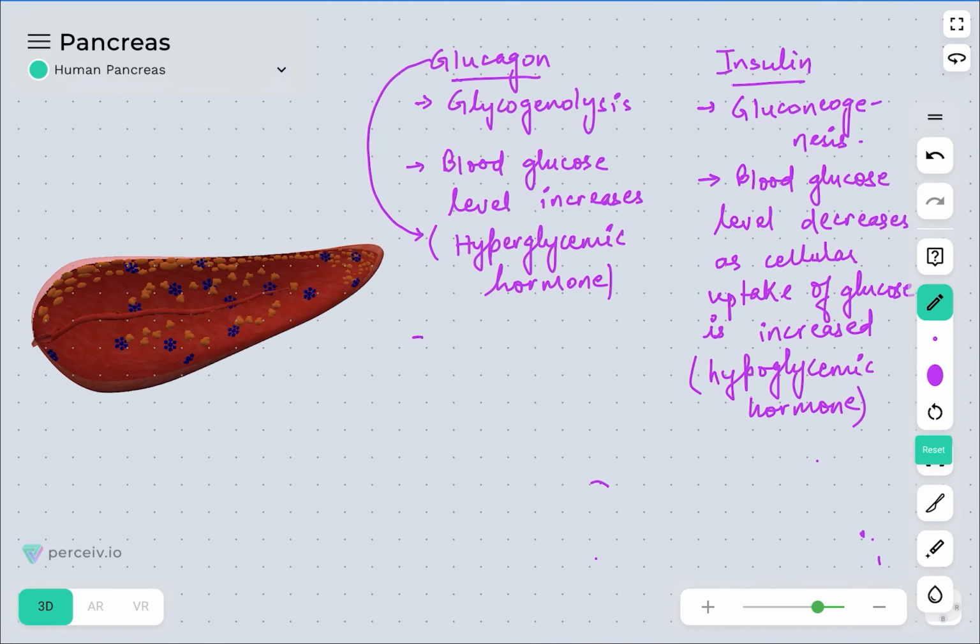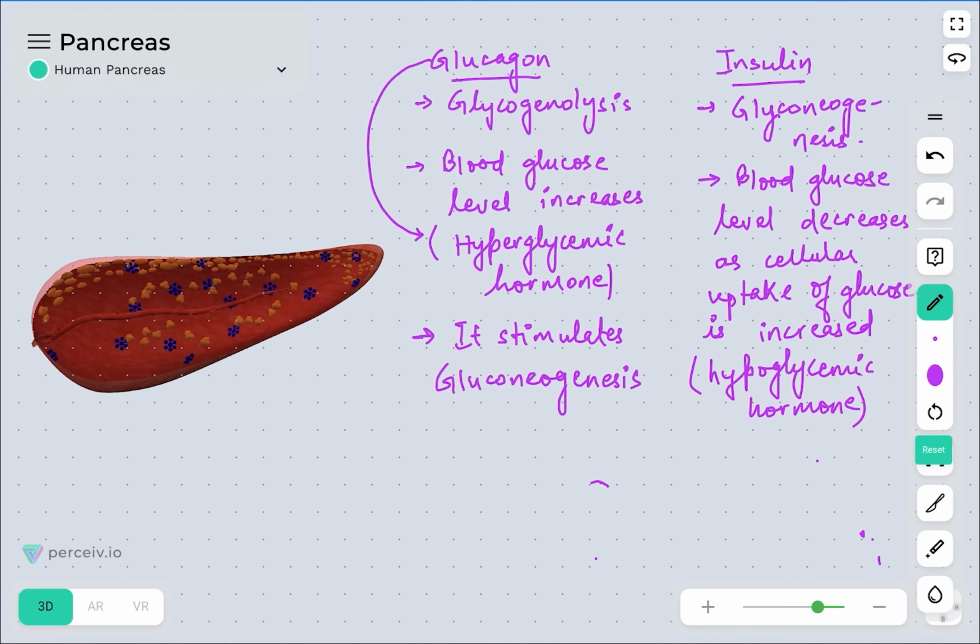Apart from that, glucagon is also responsible for gluconeogenesis, which means formation of glucose. Here, glycogenolysis means conversion of glycogen into glucose. So these are the key differences between the hormones insulin and glucagon.